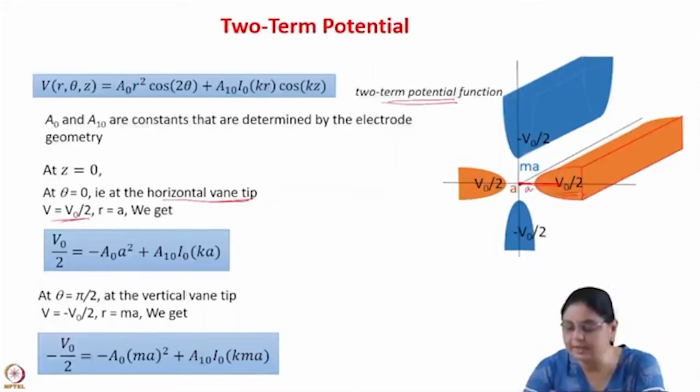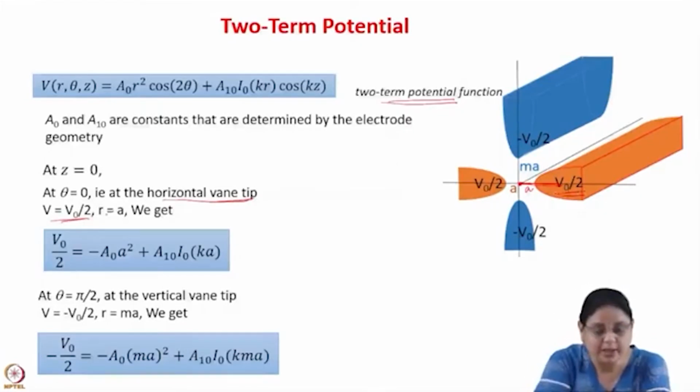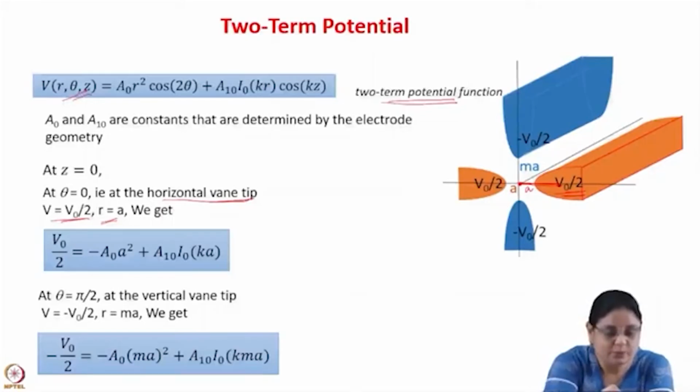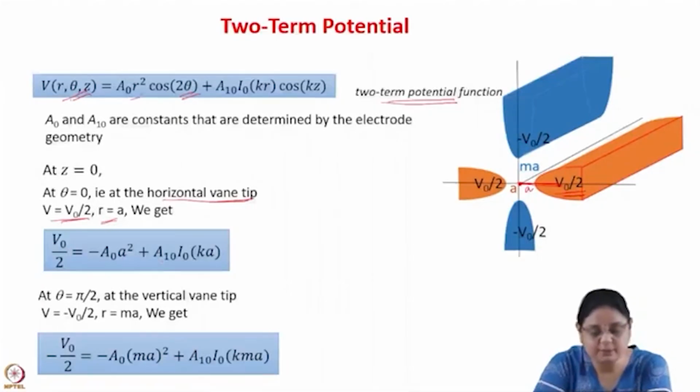At this instant of time, this is at a potential V0 by 2, and r is equal to a. So we substitute in this expression V is equal to V0 by 2, r is equal to a and theta is equal to 0. So we get V0 by 2 is equal to A0 a square plus A10 I0(ka), and z is equal to 0 here.